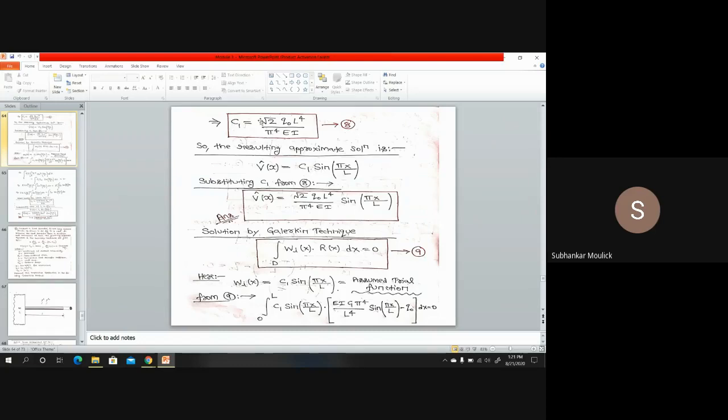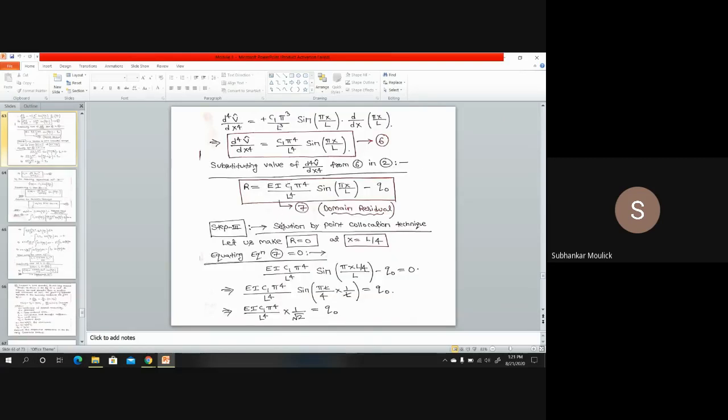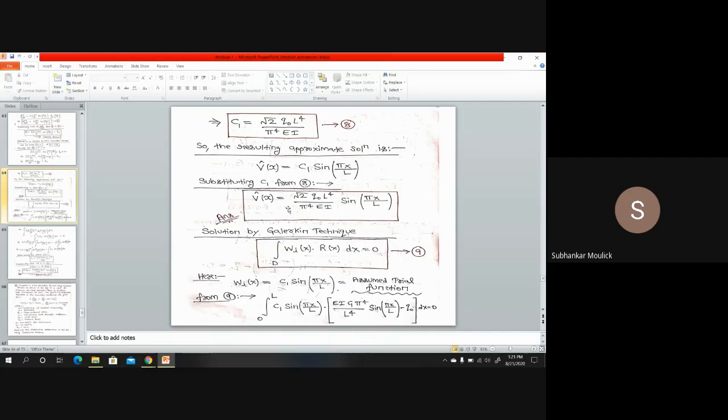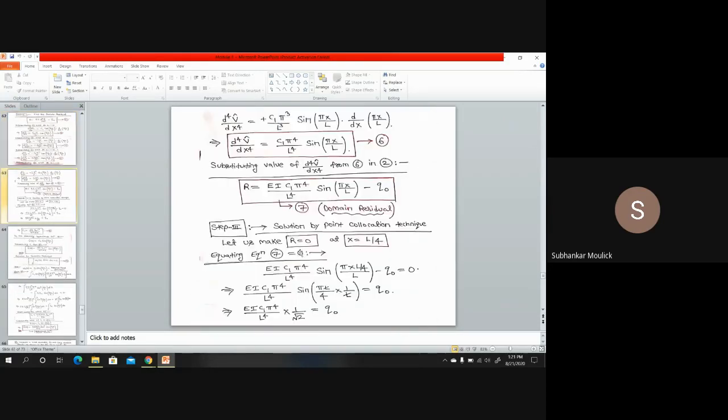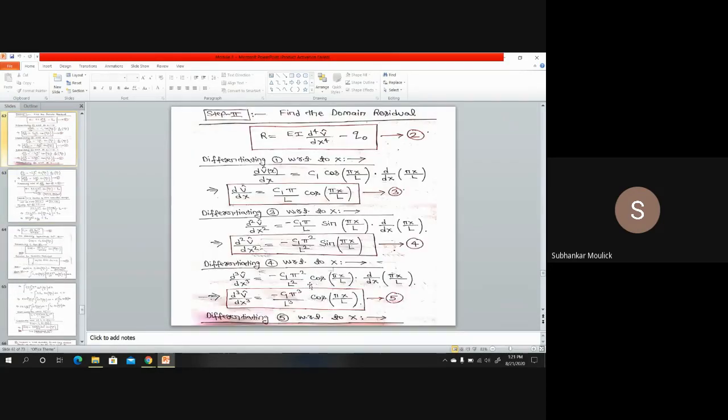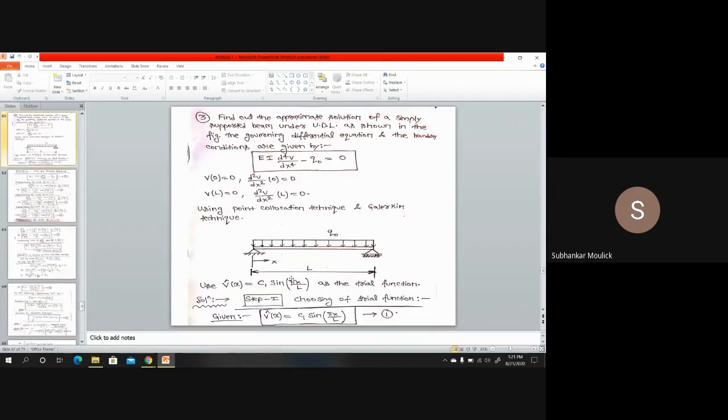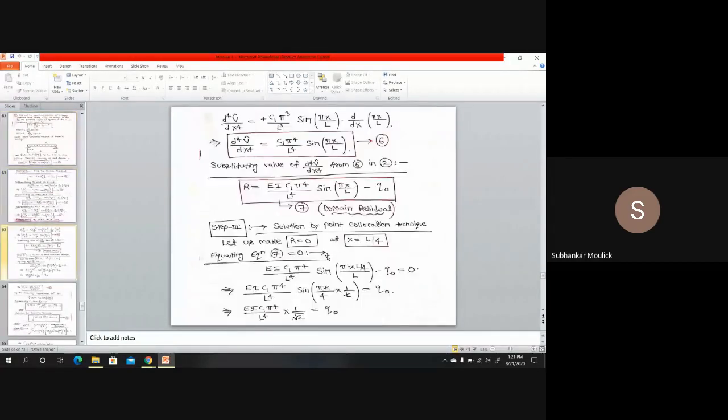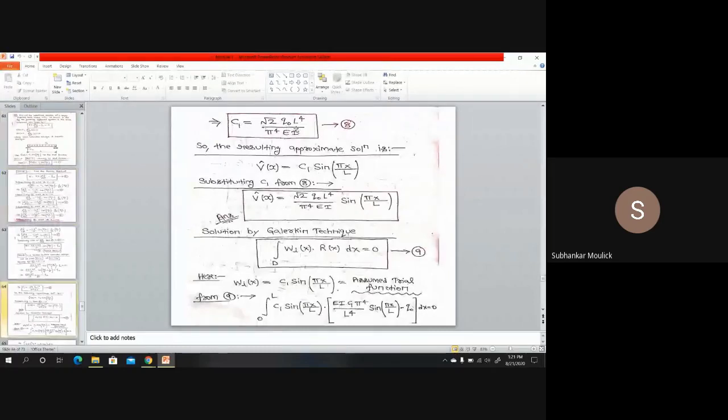So now we will substitute this unknown C1 in the given trial function. My assumed trial function is equation number 1: V cap of x is c1 into sine of pi x by L. C1 I have found by the point collocation technique, which is root 2 q naught L to the power 4 by pi to the power 4 into EI.